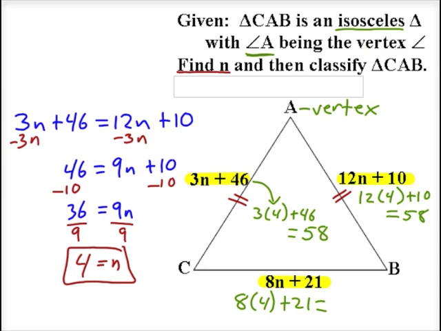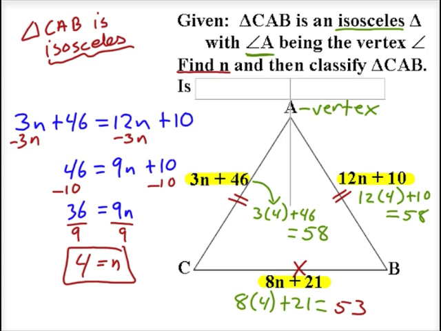Now the one that we're not exactly sure about is this base side length. 8 times 4 is 32, and 32 plus 21 is 53. And so that means this side length CB is not congruent to the other legs. And so therefore, when we are to classify this triangle, CAB, all we know is triangle CAB is isosceles.